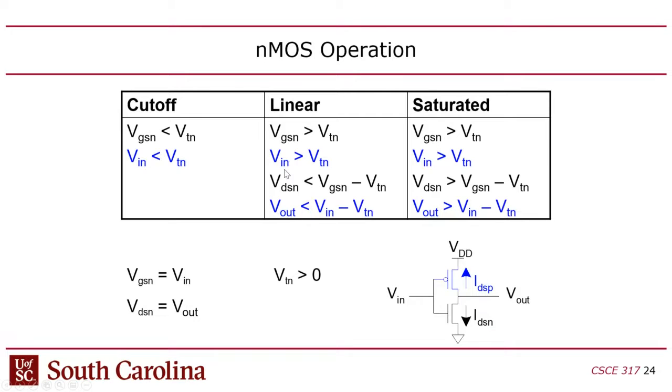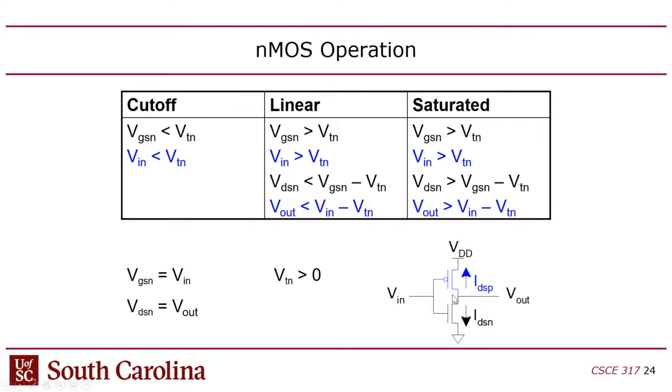So VGSN is equivalent to the input. Actually, we don't have the P here. This is just for the N. The next slide is the P. So this is just the nMOS, and the VN is the gate voltage for the nMOS, and again, the gate versus the source terminal is going to be the input.